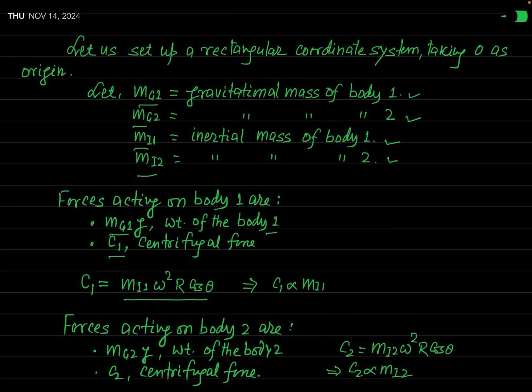Since we have placed the object at a certain place, theta will be constant. Omega, the angular velocity of the Earth, and R, the radius of the Earth, are both constant. So if different objects are used at the same place in this experiment, the centrifugal force will be different due to the different value of mi1.